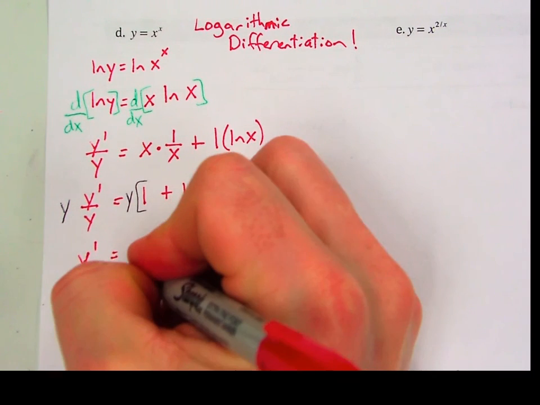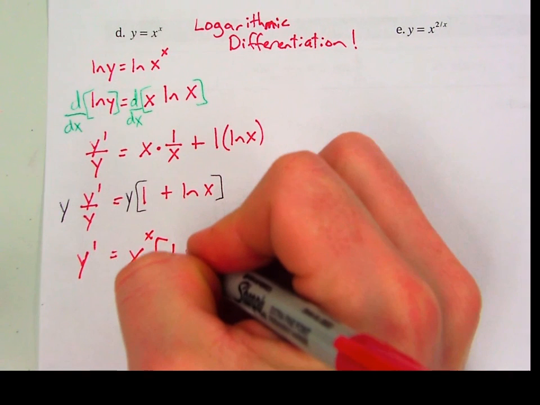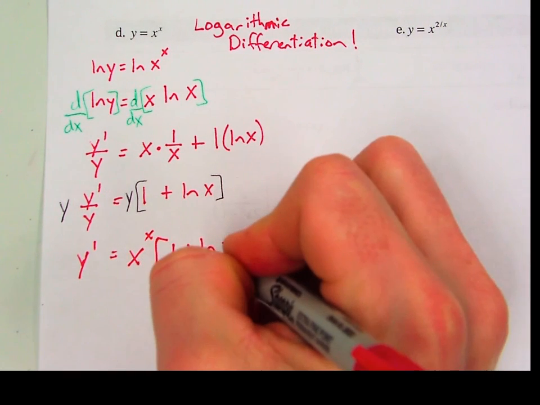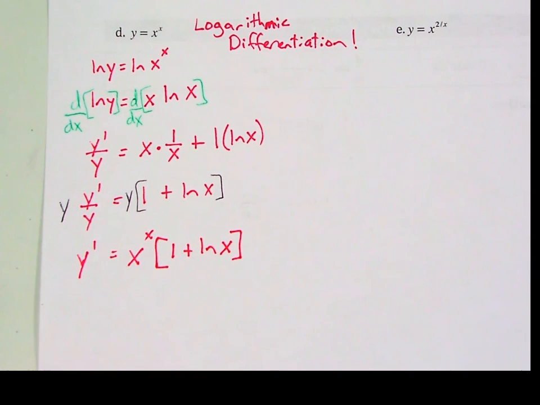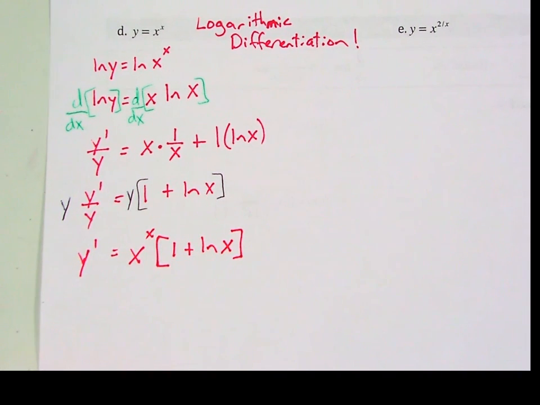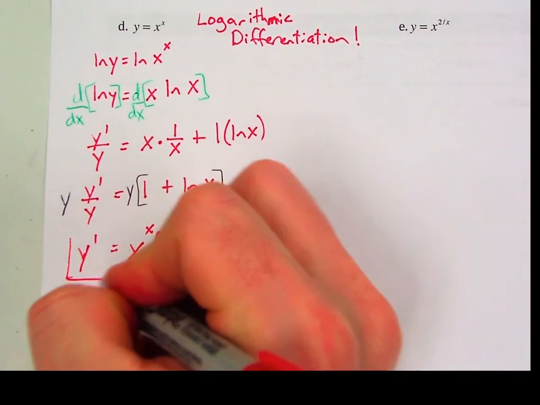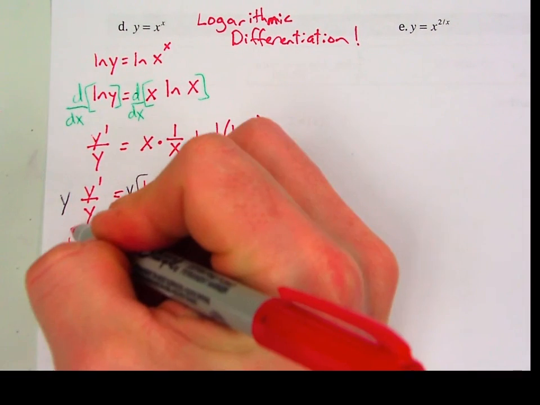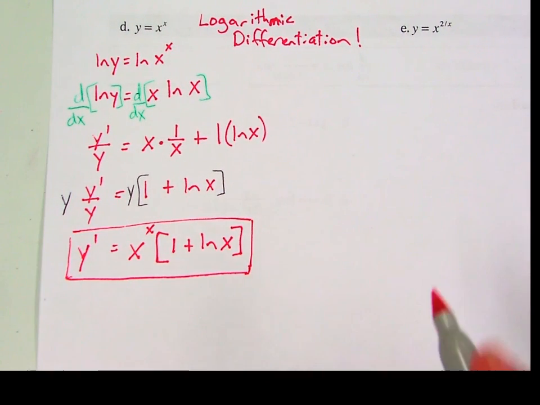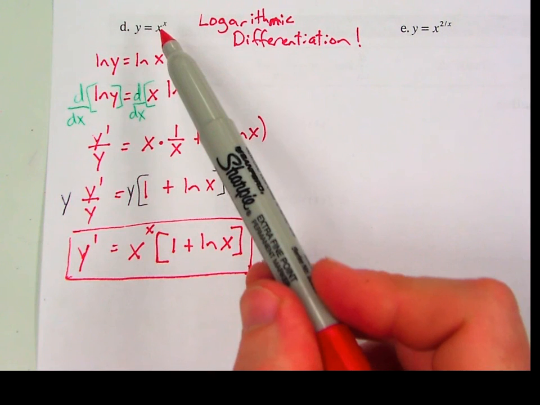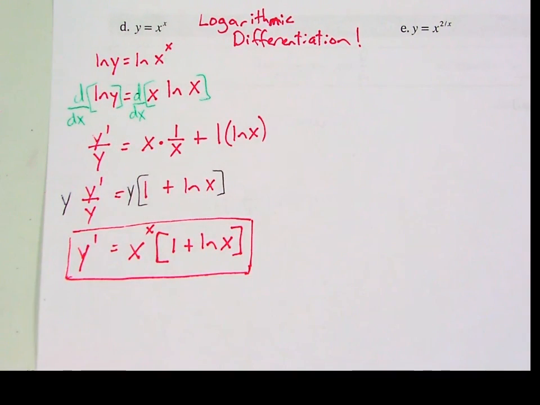So y is x to the x, and then you're done. Hooray! So when you're dealing with exponents that you really can't do anything with the way they are, you're going to use logarithmic differentiation.